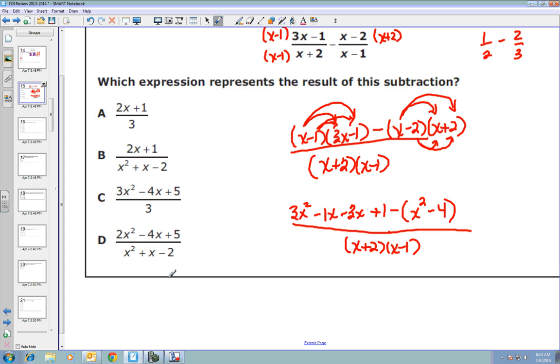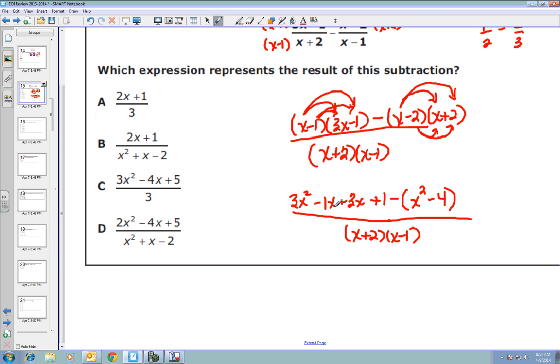Okay? Now I'm going to add my like terms. So I have a 3x squared and a minus 1x squared. What does that give me? 3x squared minus 1x squared? 2x squared? So I have 2x squared. I'm going to mark those out because I've used them. Now let's do our x's.